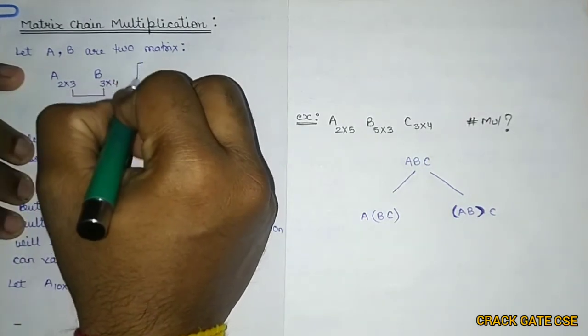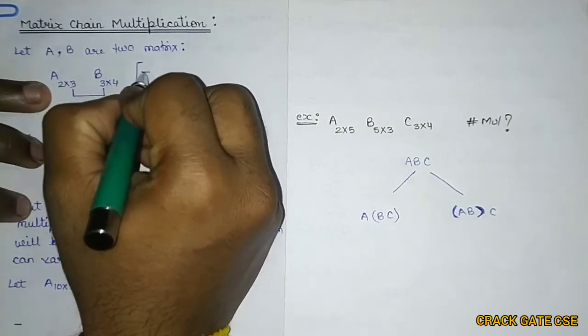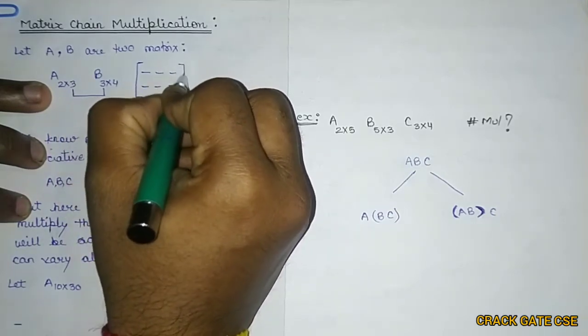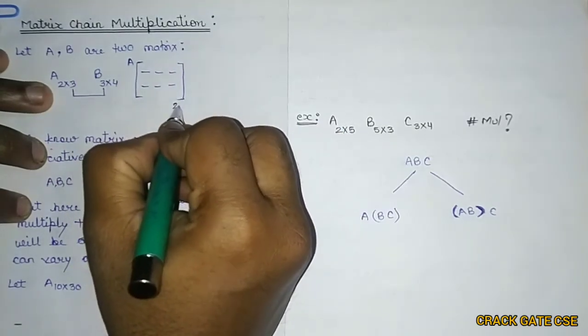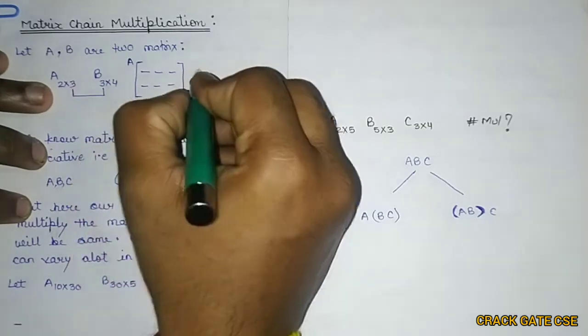So if the two matrices are multiplication compatible, then only we can multiply. Let's say this is matrix A, which is having the dimensions 2 by 3, that means 2 rows and 3 columns.